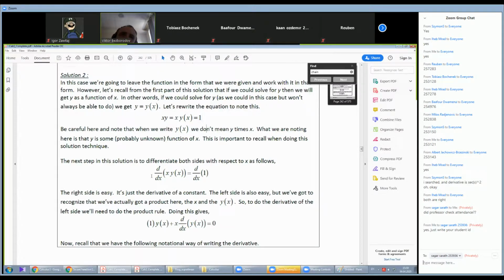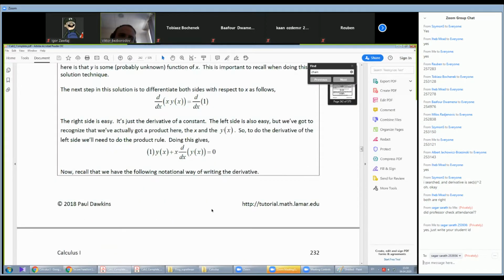So you start from here and take the derivative of both parts. If two functions are equal, their derivatives also equal each other. So you have this, and then you compute further. Of course, the derivative of 1 is 0. So this is what you get.